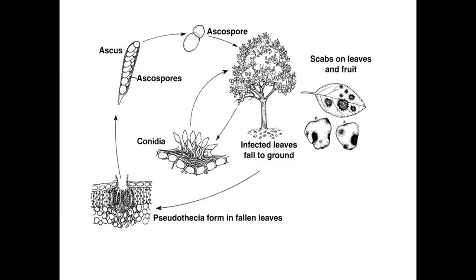Here we can see the mode of survival through the pseudothecia, and thereafter the development of ascospores, and the primary infection which is caused by ascospores, and the continuous multiplication of the pathogen through production of conidia, as we can see here.